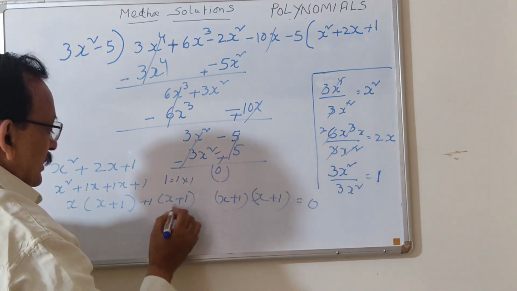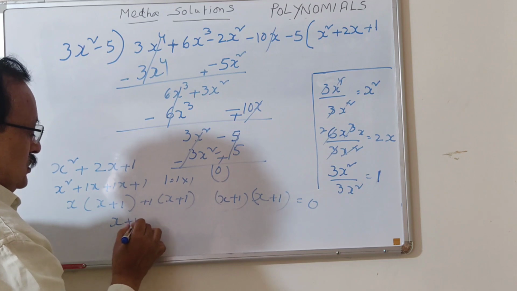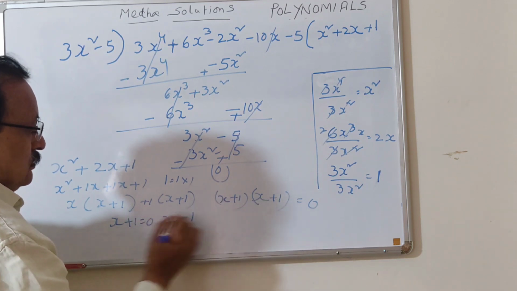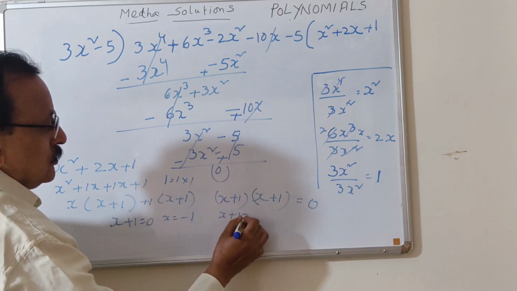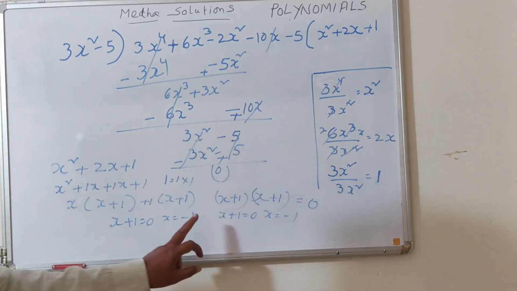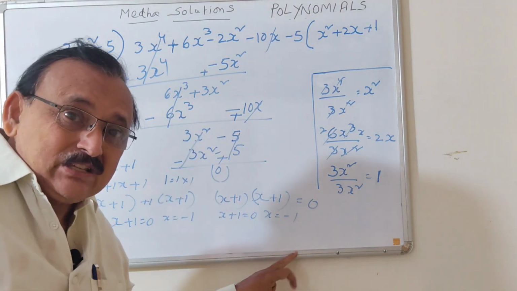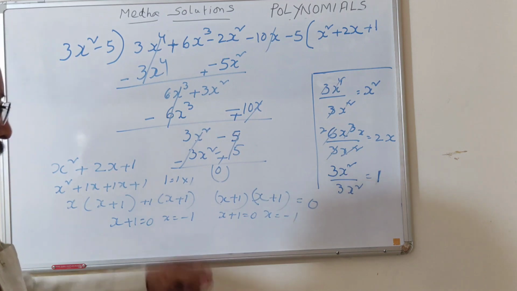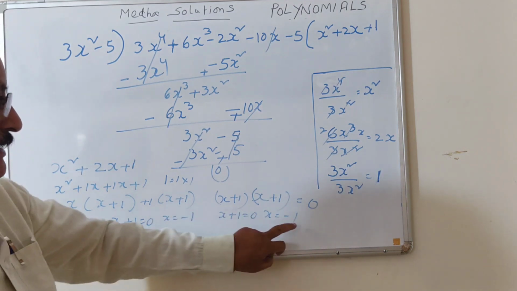Now here x plus 1 is equal to 0, x is equal to minus 1. Here also x plus 1 is equal to 0, x is equal to minus 1. We got the two values, minus 1 and minus 1, two answers, that are two zeros. Now this is the gamma and the delta.